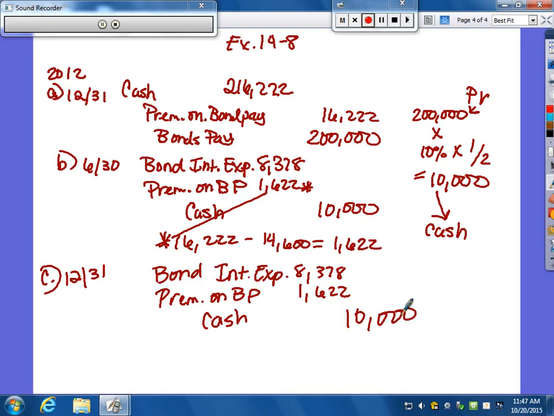Step 3 at that point is to find out how much cash is to be paid out for the interest payment. Got it?